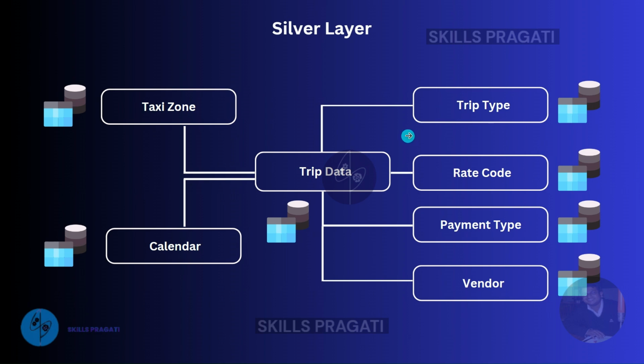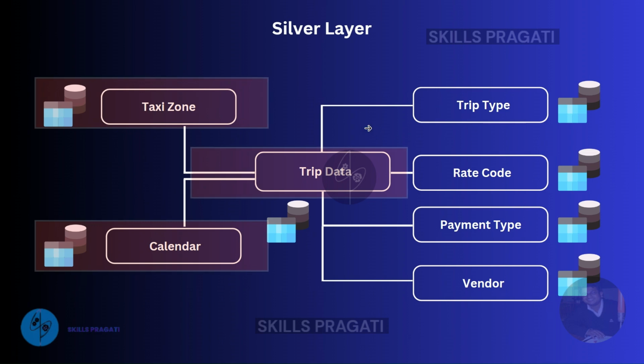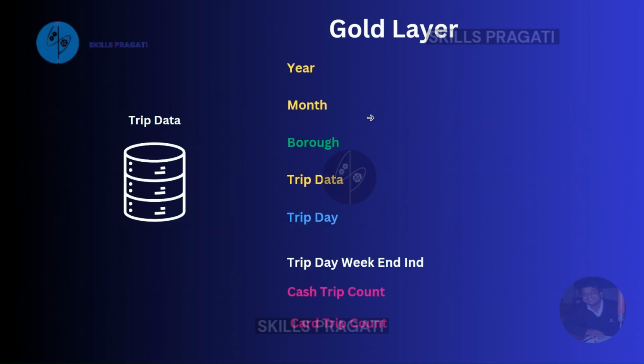As we said before, we can get the year, month and trip data from the trip data file. We can get the corresponding borough from our taxi zone file. We can get the day of the week for the trip date from the calendar file. The weekend indicator can be derived from the trip day. It'll just be a flag based on whether the trip is a Saturday or Sunday or any other day of the week.